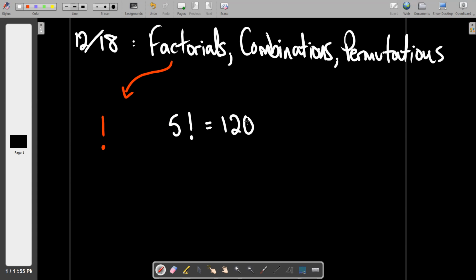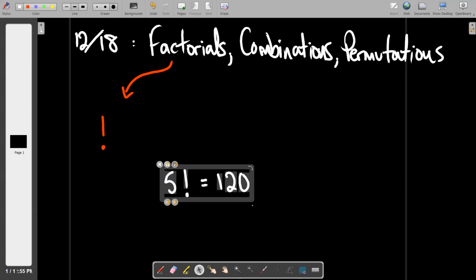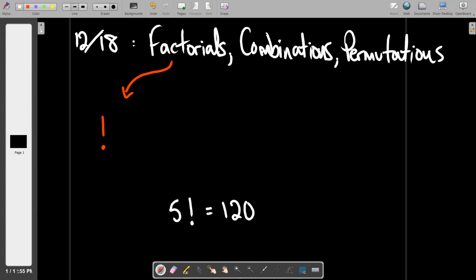Let me make you a list of some common factorials and see if that helps. What I'll do is I'll grab this one and I'll move it down a little bit, and I'm going to work my way down to it. There's part of me that says, I could just tell you what it means, but it's always fun to see if you can decipher it on your own. So right above that, I'm going to put 4 factorial, and that equals 24. And above that, 3 factorial, which equals 6.